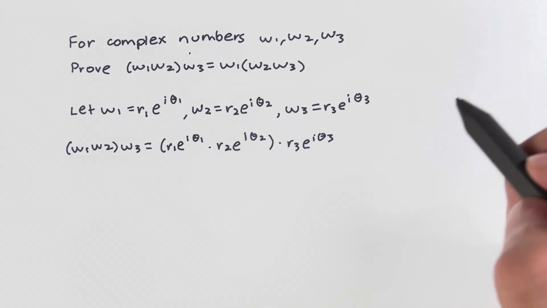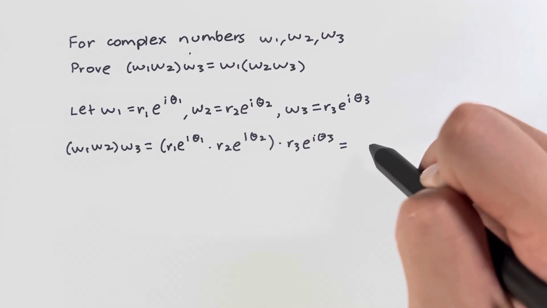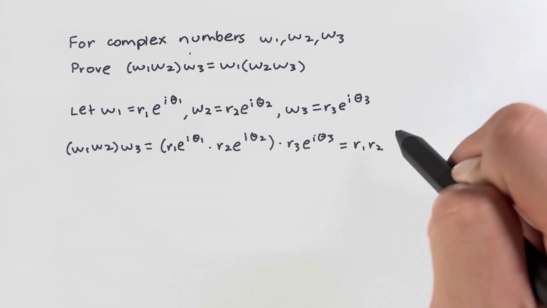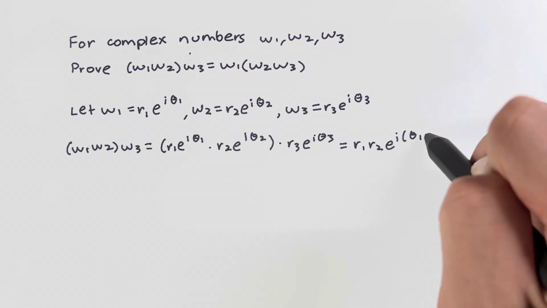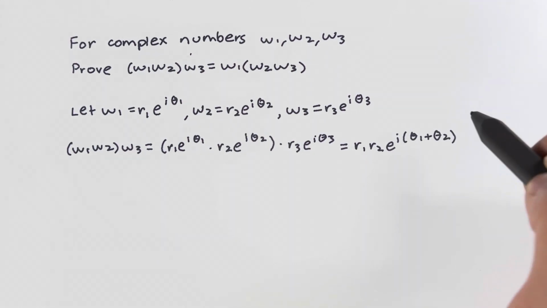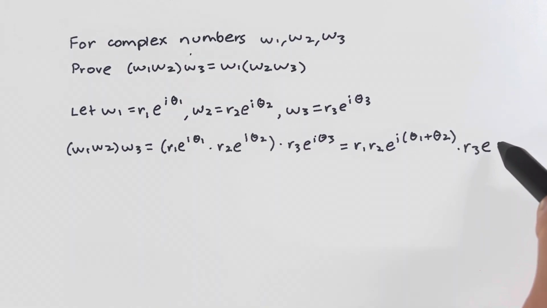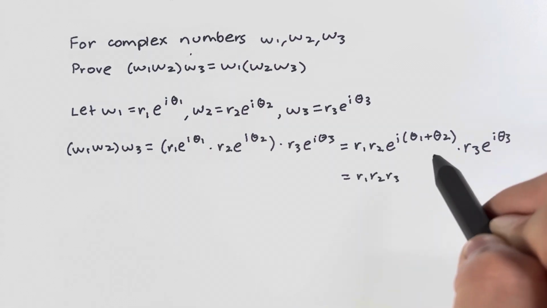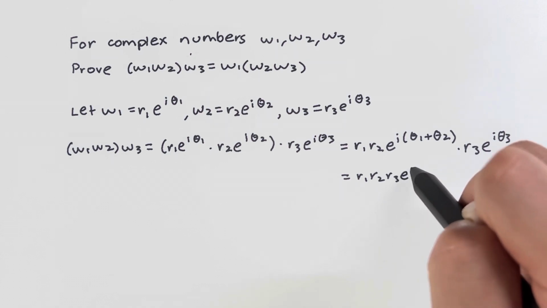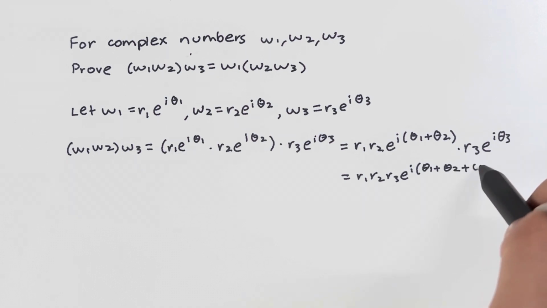This will equal R1 times R2 times e to the power of i (theta 1 plus theta 2), times R3 times e to the power of i theta 3. This will equal R1 R2 R3 times e to the power of i times (theta 1 plus theta 2 plus theta 3).